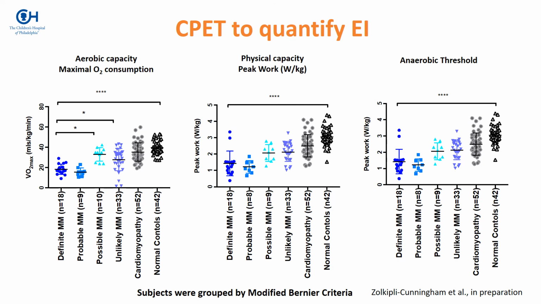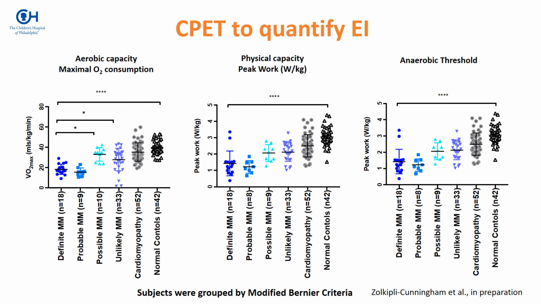So what we did was define the likelihood of a subject having mitochondrial myopathy. They were definite if they had a genetic etiology, or probable if the chances were very high that a genetic etiology would be identified, compared to possible and unlikely.